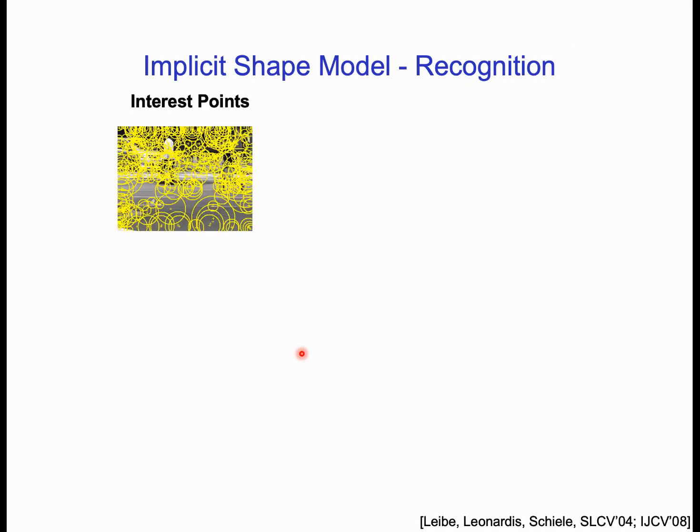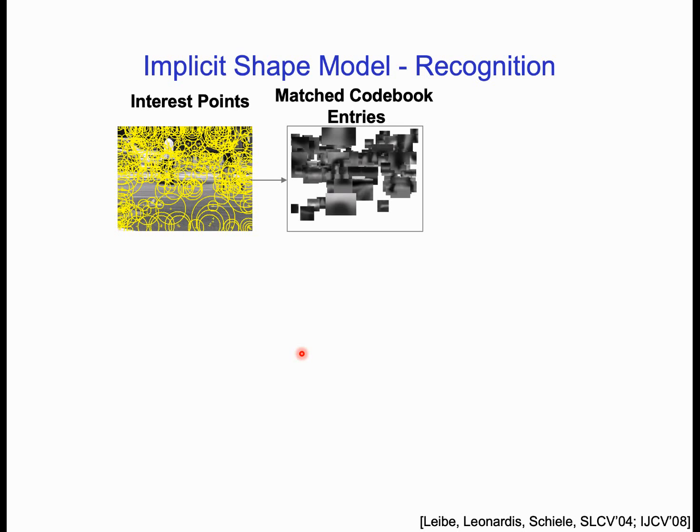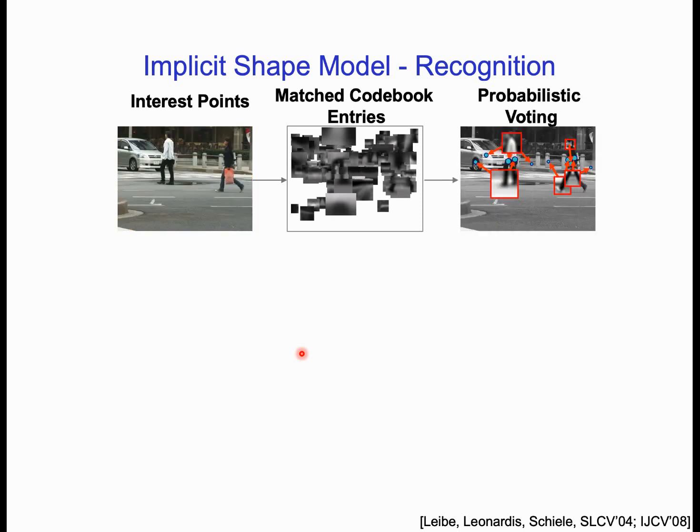During recognition, instead of going with sliding windows, I simply find the interest points, and from each interest point, I match to the codebook entry, so find the words that correspond to these interest points, and each word will now point out or give votes to different pixels in the image of what the center of that object should be.